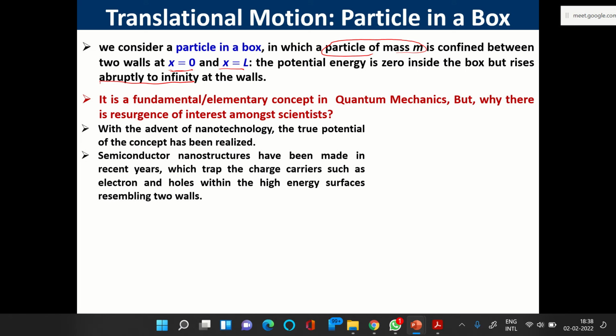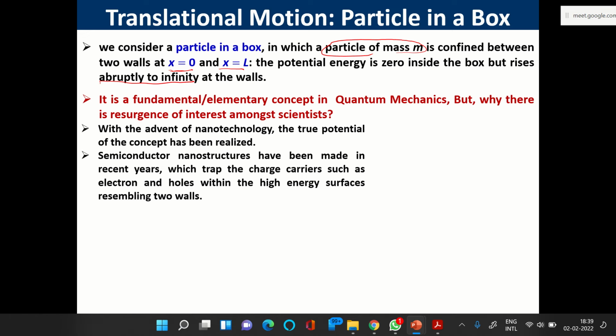This concept has been realized because the quantum mechanical particle in a box model can be applied in semiconductors, where the crystal can act as a box and the charge carriers such as electrons and holes act as particles moving in the crystal. So that is a particle in a box kind of model.